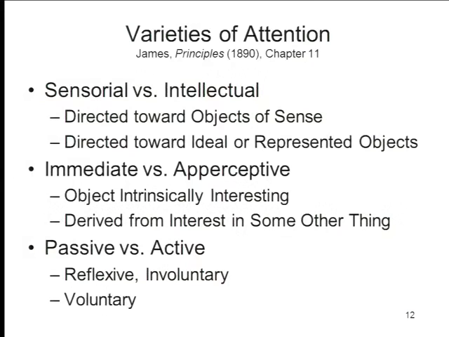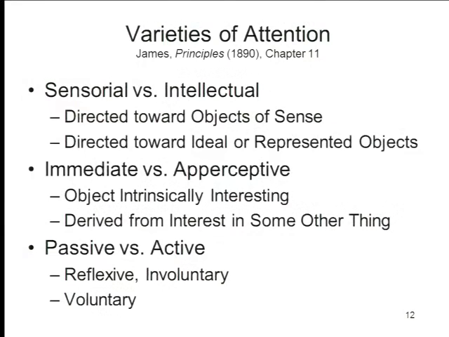The second distinction that James made is between immediate attention and apperceptive attention. In immediate attention, you pay attention to an object because it is what James called intrinsically interesting. It's really bright, or really loud, or really big, or it's coming at you really fast.